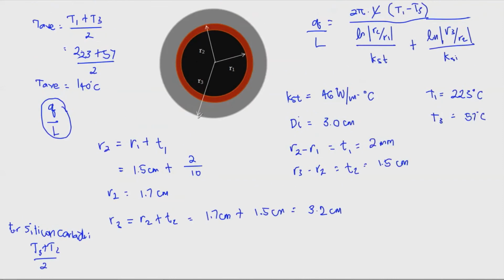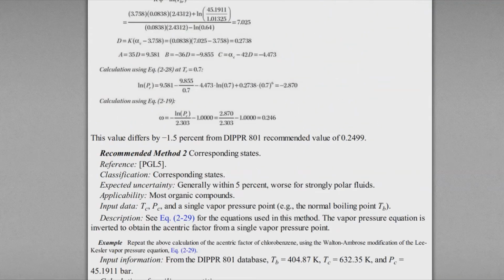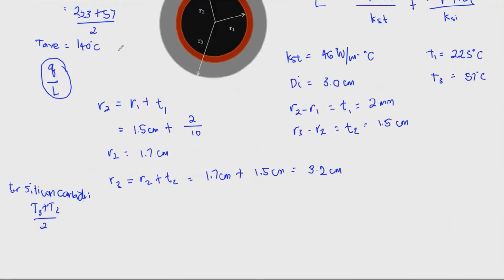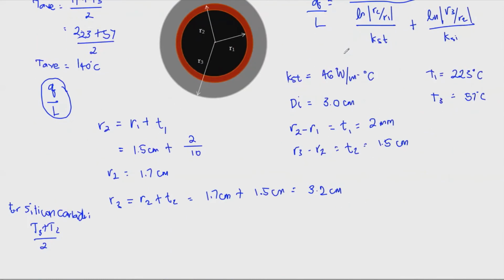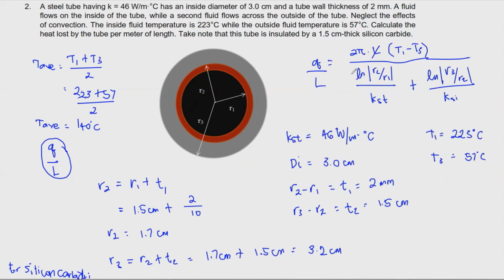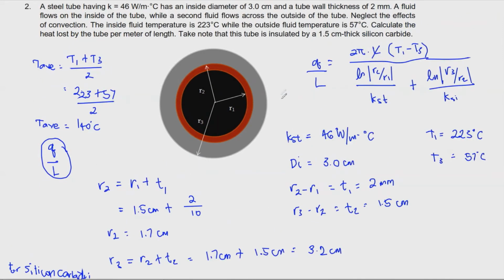So I just wanted to tell you that you can use the average temperature for these two temperatures, but you can also use the last temperature, since this is exposed to the environment, and we don't actually know which area would have the larger contribution to the thermal conductivity.